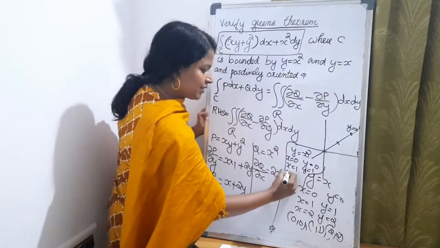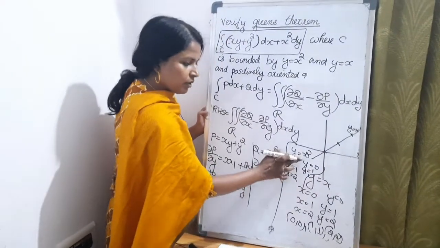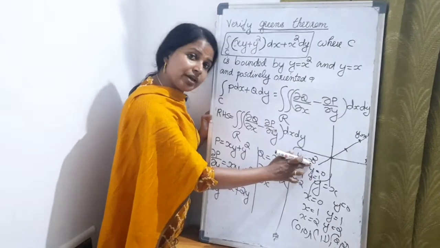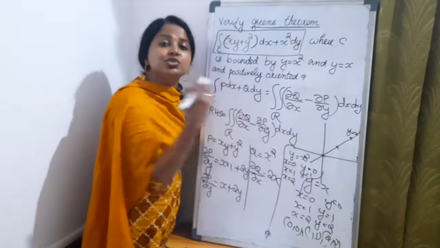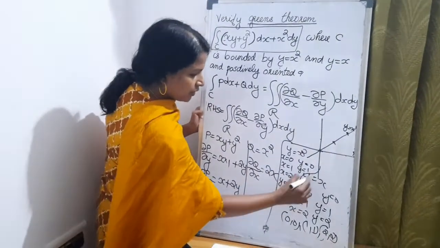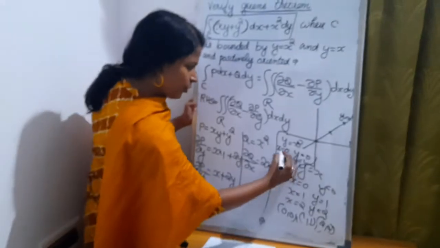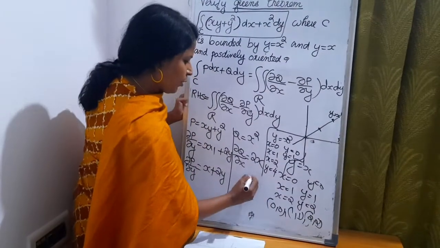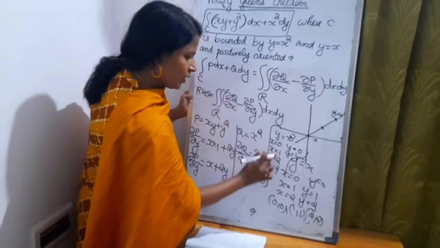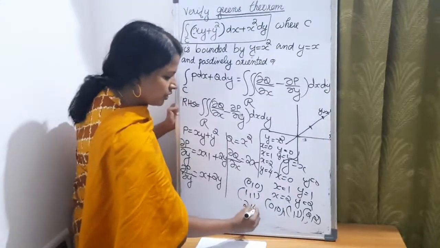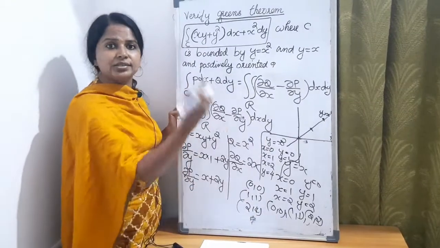Then put x equal to 2: 2 square is 4, so y equal to 4. That is, the points are (0,0), (1,1), then (2,4). These are the points of y equal to x square.